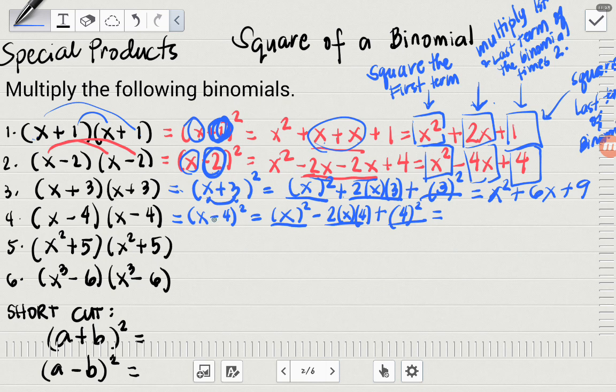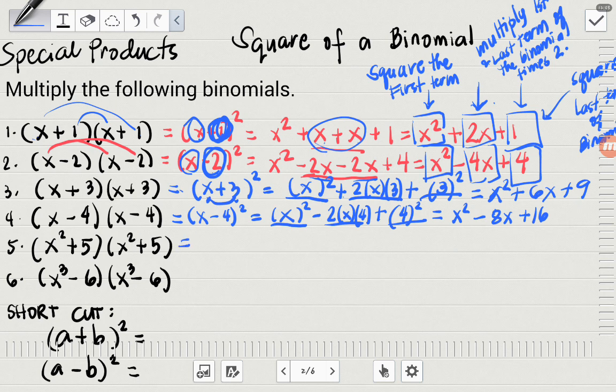Pag minus ito, minus, plus. Okay, then just multiply the last term. So, let's simplify. X square. That's x square plus 2 times 4, 8 times x, 8x plus square ni 4, hindi 8, that's 4 times 4, so positive 16.